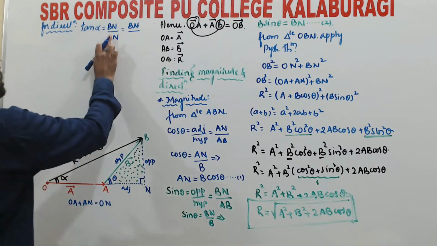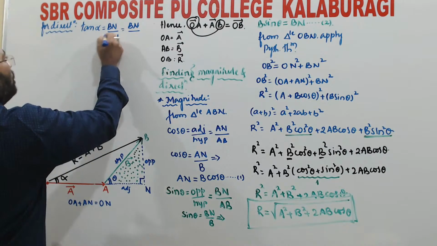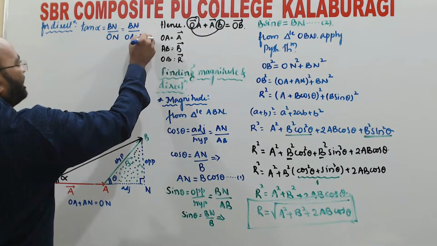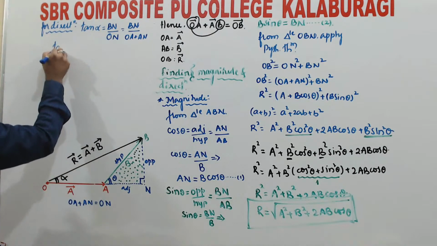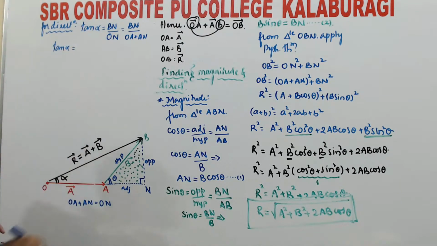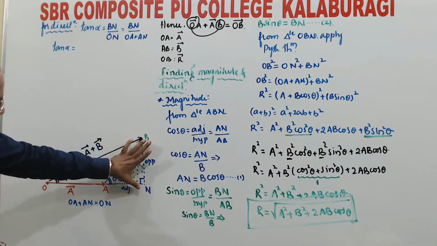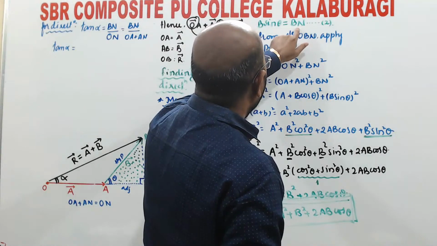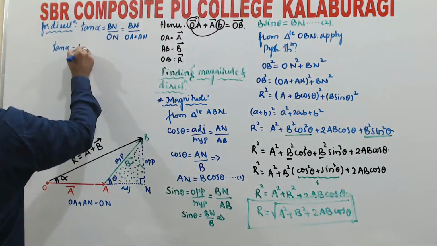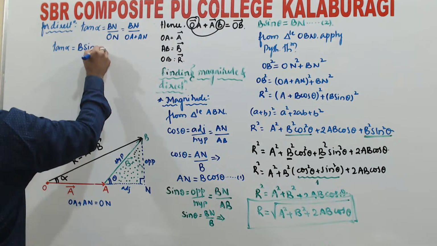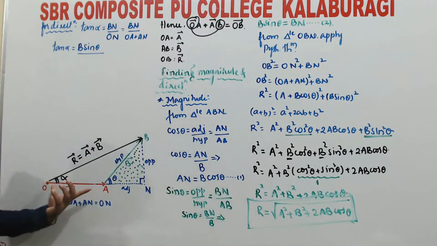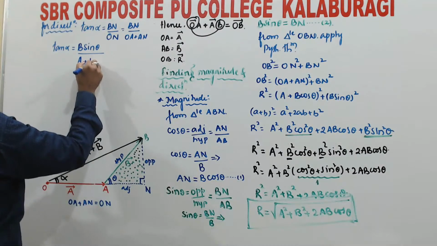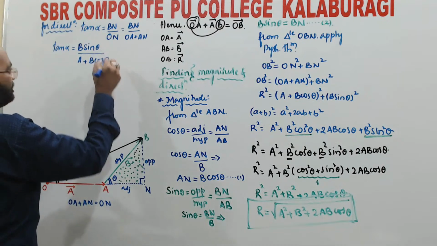On can be written as OA plus An. And now here tan alpha is equal to Bn, and we already calculated the value of Bn as B sin theta, divided by OA plus An. OA is considered as A, and An is considered as B cos theta.